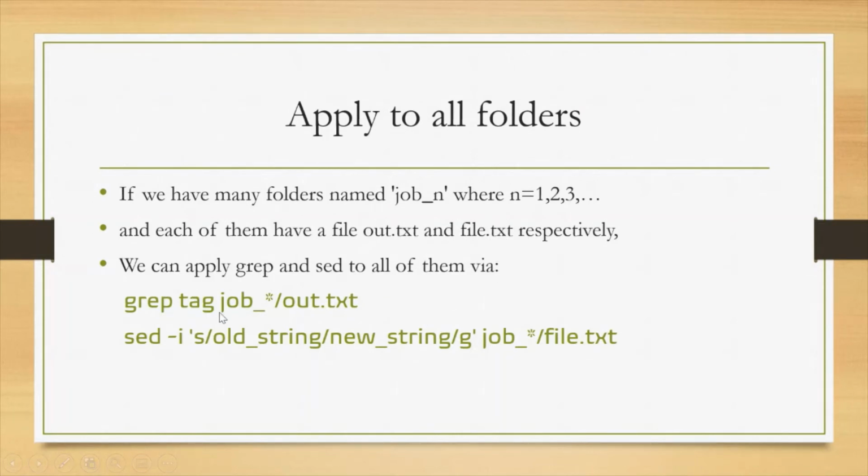You can apply grep to all of them by grep, whatever tag you're searching for, in job_star, where star means anything that follows. So it can be 1, it can be 10, it can be 100, it goes to all the options. And you search in each of them for their out.text and check if the tag is in there. And the same with sed, where instead of just file.text, you have job_star, which indicates all possible options. And in each of those directories, it looks for file.text and makes this replacement.